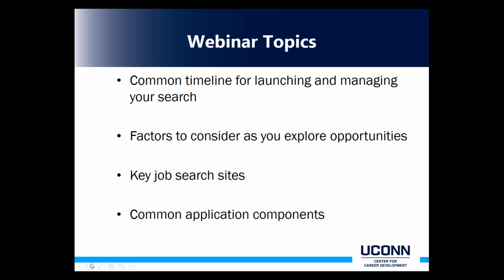We will review factors to consider as you identify opportunities. We'll learn about a few key job search sites and review some of the faculty job titles that are out there, and briefly review common application components. There is a separate webinar focused on academic job application materials. So we're going to touch upon the job application materials in this webinar, but that is not the primary focus.